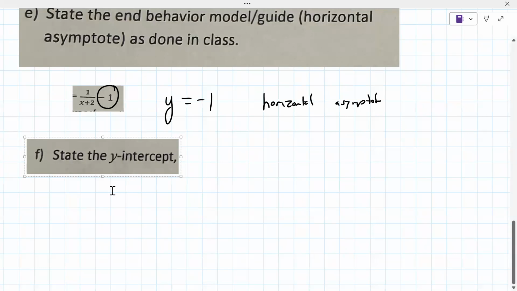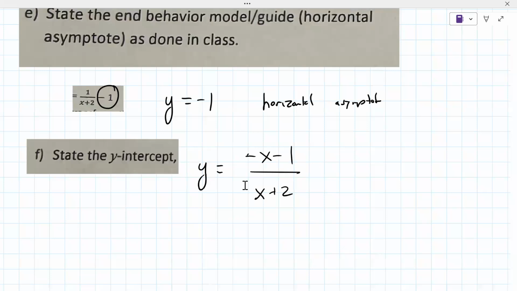What do you do to this? That is not correct. You have to do something to this to get the y-intercept. Why don't you check your notes from yesterday? It's definitely in there because we did it at least twice.